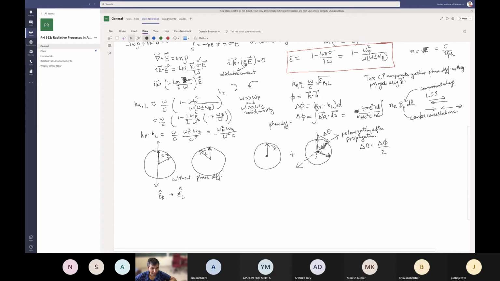So they are just added up and you get epsilon 1 hat, for example, like this, right? So if your electric field here was E naught cos omega t epsilon 1 hat, so at t equal to 0, this is E naught in the epsilon 1 hat direction.